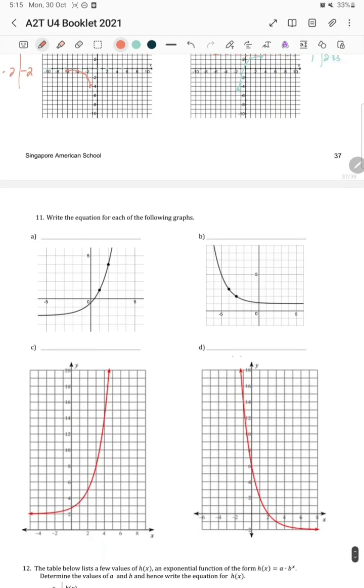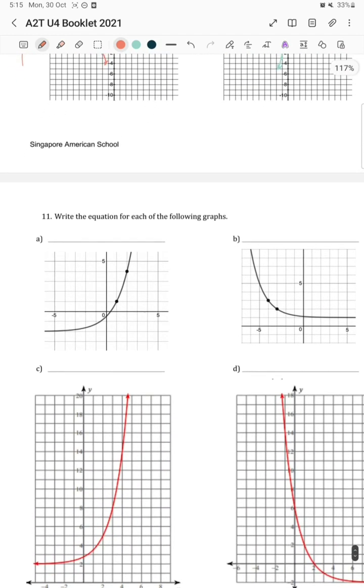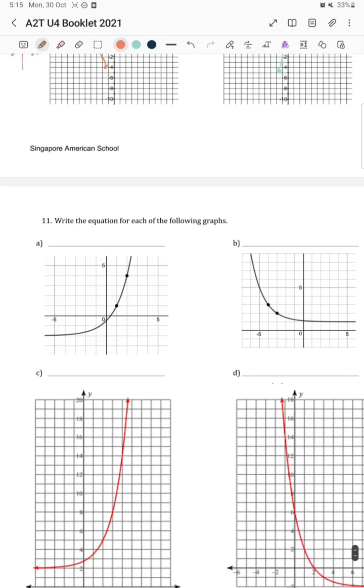Okay, write the equation of the following graphs. So how are we going to write the equation of the graphs?